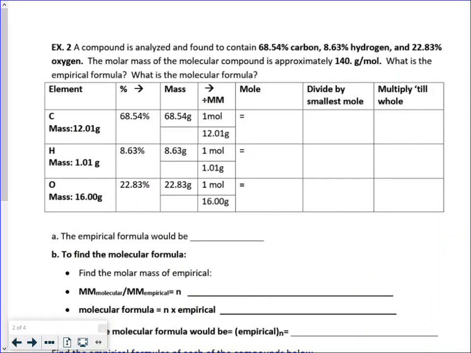All right, so here in this particular problem, finding the empirical formula, some of the steps have been done for you. Okay? So they gave you 3 elements, carbon, hydrogen, and oxygen in this particular one. So this is organic. They gave you the percentages, 68.54%, 8.63, 22.83.